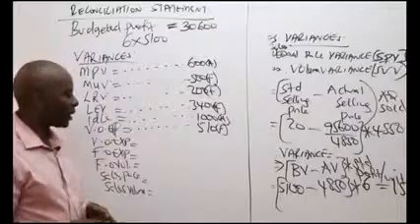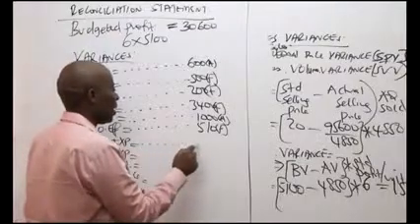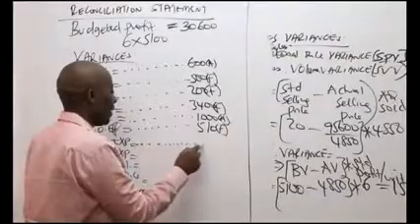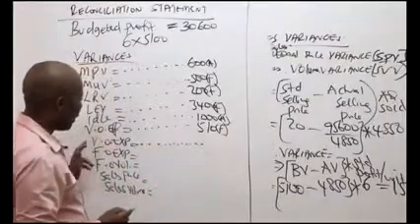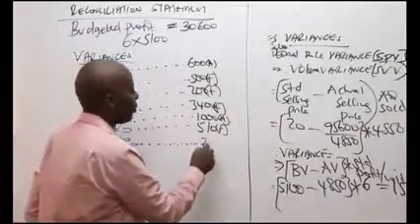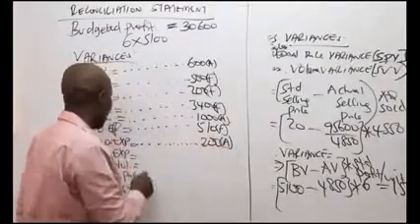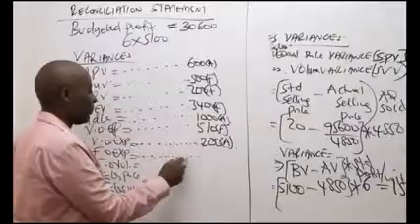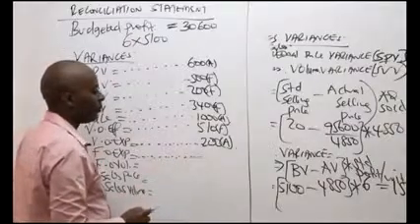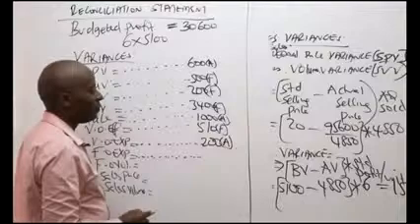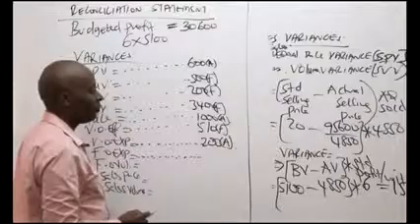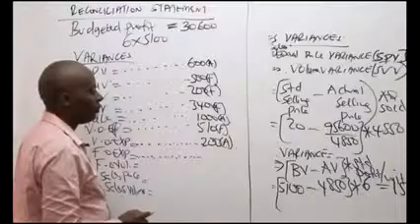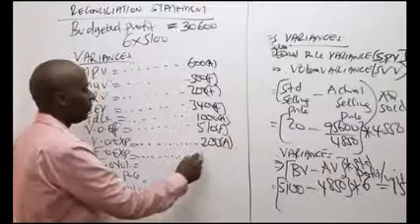Yes. How about variable overhead expenditure? What do we have here? 200 adverse. Thank you very much. So fixed overhead expenditure: 4560 adverse.